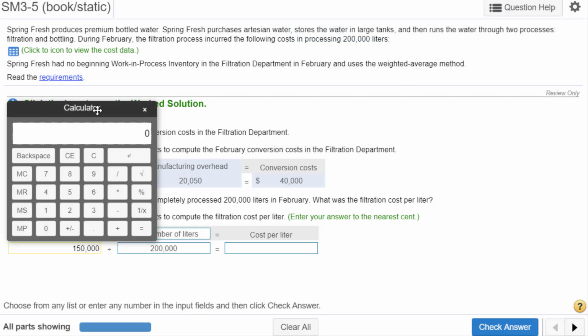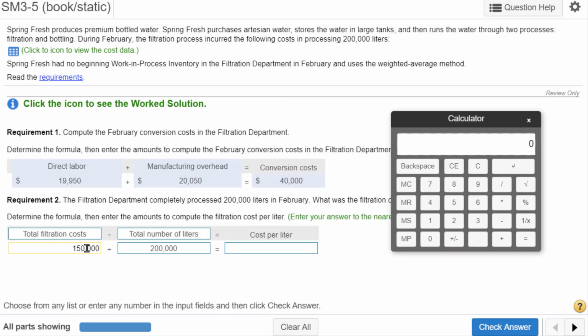So we're going to take 150,000 divided by 200,000, which gives us 75 cents per liter.